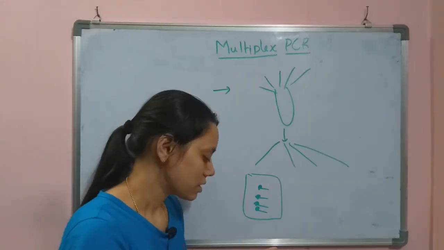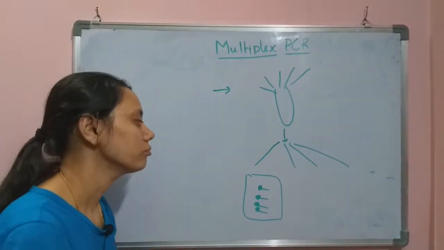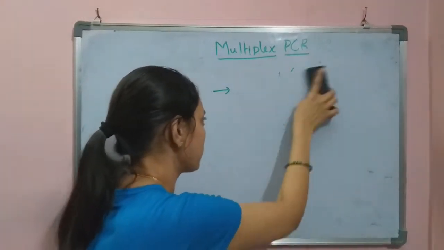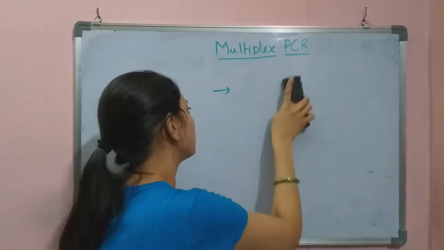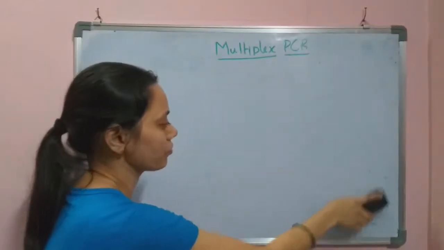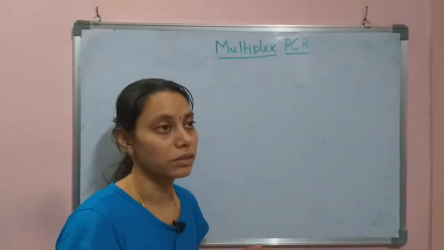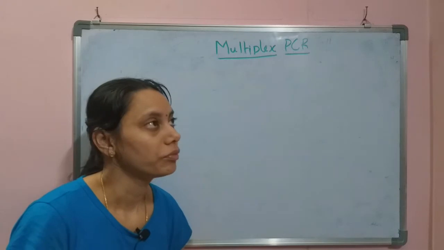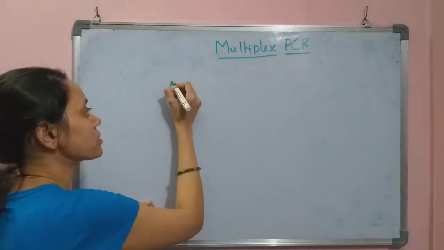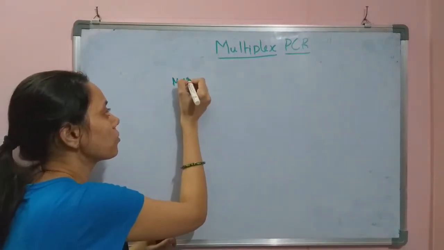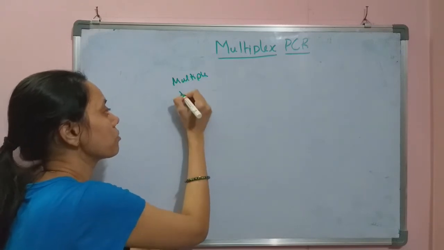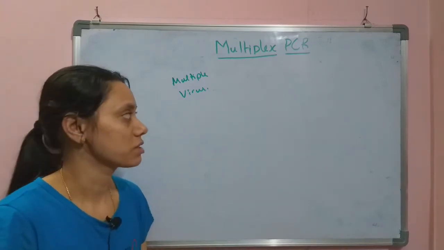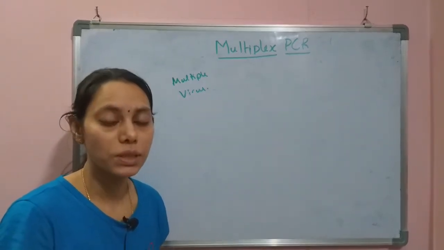Let us take an example so that we can understand multiplex PCR easily. Let us consider we are going to analyze some pathogens. One person is affected with multiple viruses, so multiple viruses may be infecting the single person.